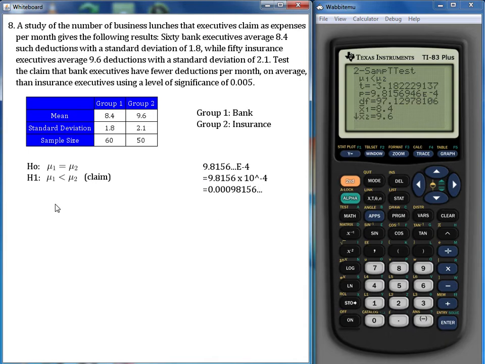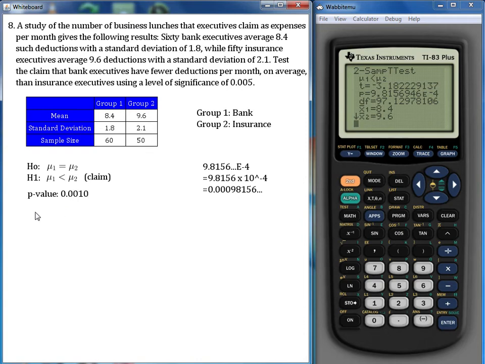So when I get my p-value, just make sure you round properly. And I always round decimal percentages and probabilities to 4 decimals. So if I go to 4 decimal places here, that means the 8 is going to round the 9 up. So my p-value is in fact going to be 0.0010.